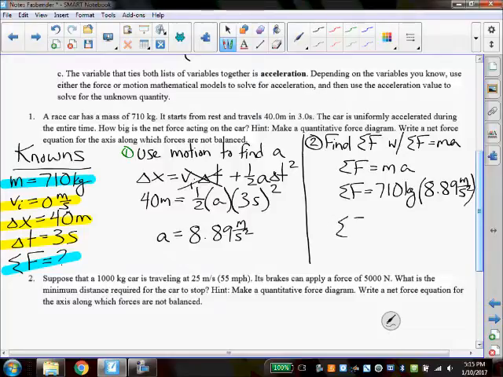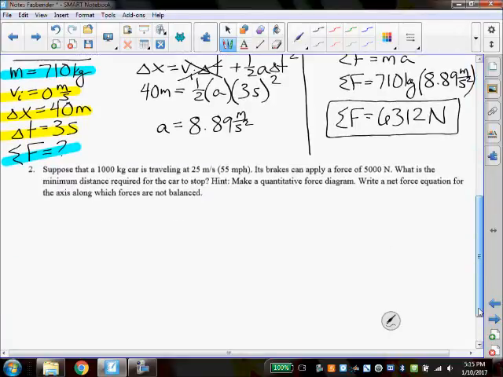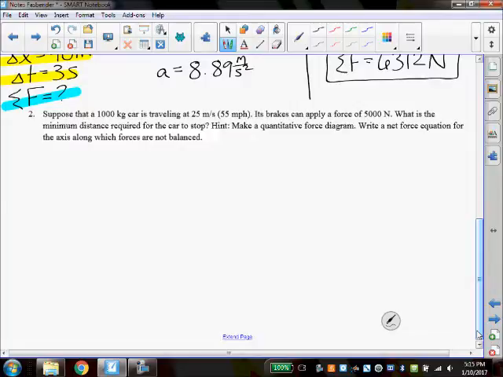So all we have to do is the algebra, and when you do the algebra, you end up getting approximately 6,312 newtons. So that's our answer. Combining Unit 3 and Unit 5 really is that easy. These problems are always going to be 2 steps. We'll show it to you by doing another example problem.